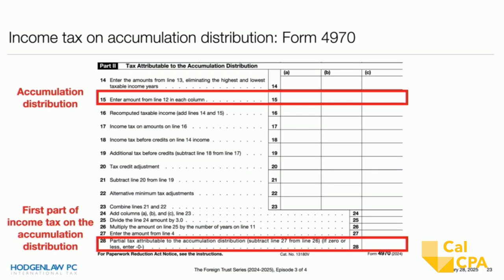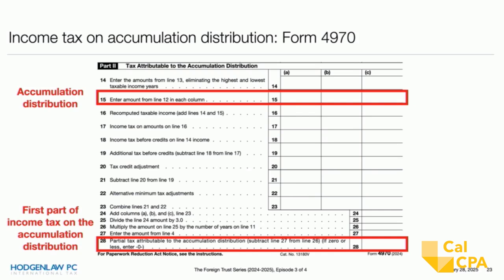So I've got that accumulation distribution flagged there. At a high level, let's say the accumulation distribution was 30,000 that year. You're going to plop 10,000 on each of those boxes and away you go. And now you've got a higher level of taxable income for that year because you've thrown back some of the income received in the current year to previous years.